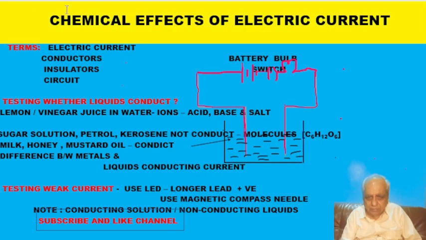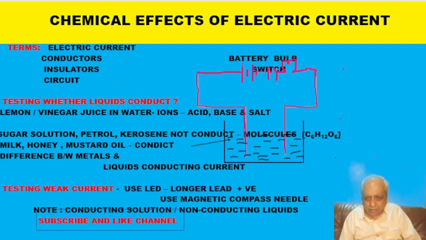Let us see now how to study chemical effect. Before explaining the chemical effect, first let us revise what we know a little about electric current. You have seen a battery. A battery has two connections, one at the top point and one at the bottom.